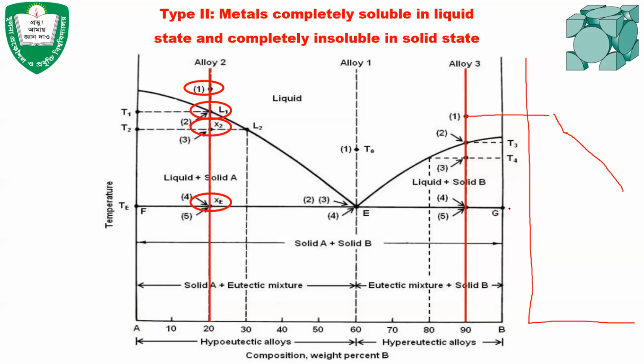And when the temperature reaches the eutectic temperature, the composition actually becomes the eutectic composition. That is why the solidification at this point occurs at a constant temperature. That is why this horizontal line is present here. Did you understand why this horizontal line was in the first slide?